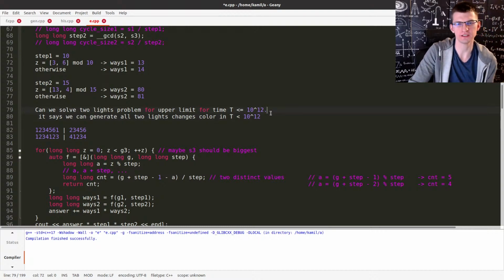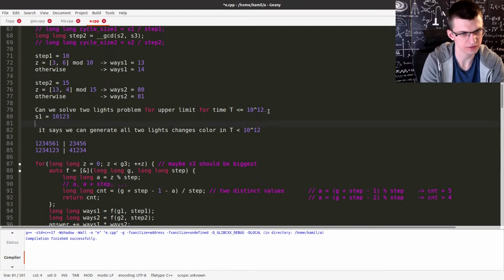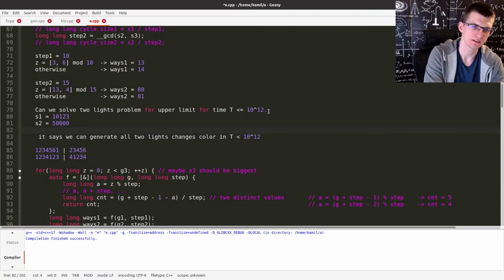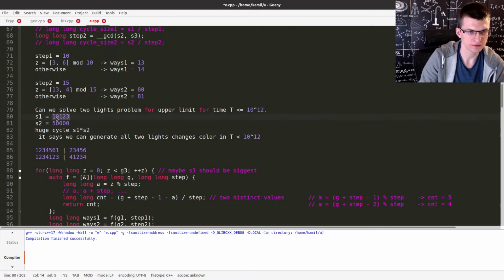When we have 2 lights, and let's say one has cycle size 10,000, the other one has 50,000, then when we look at the product of those, so like a huge cycle of size C1 times C2, this one will... Oh, no, that's not true.